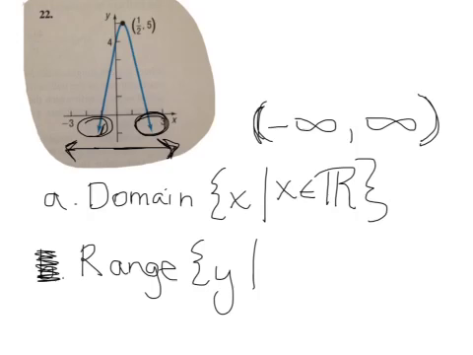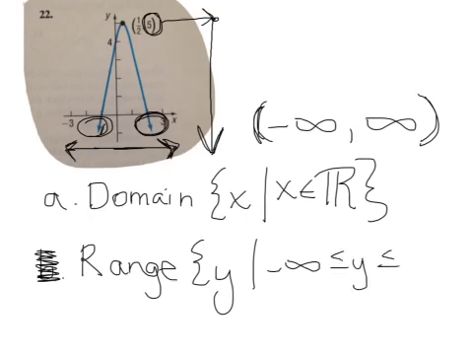For the range, we're going from low to high. So there is a high point. So it's going down forever, and those arrows point down. But then when I think of how high it goes right here, this y value is 5. So it's going to start at negative infinity.